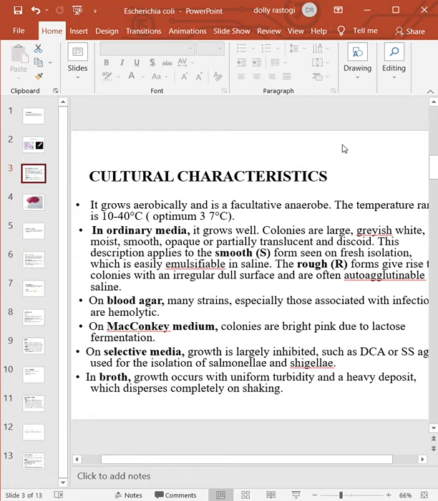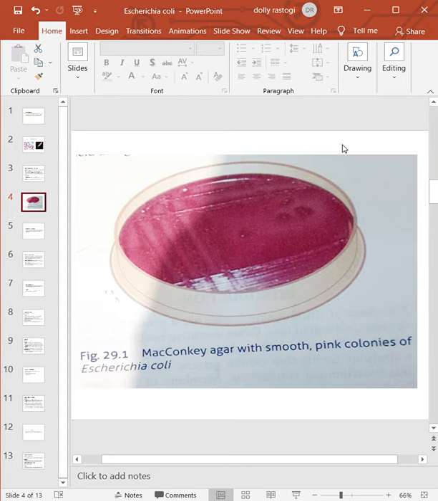On broth, that is the liquid media, the growth occurs with a uniform turbidity and a heavy deposit which generally disperses completely on shaking.